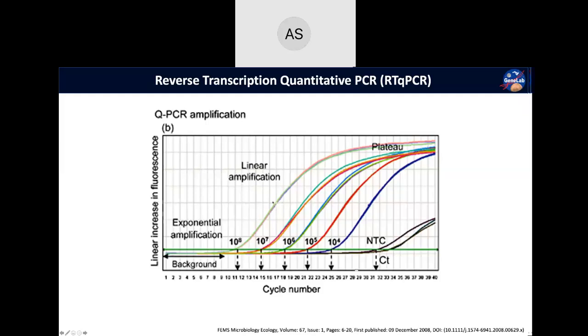And so this sample here is reaching this level of fluorescence sooner than this sample here, right? Earlier in the number of cycles, which must mean that this started with more of the material that you're amplifying than this sample did. And so you look at the change in the number of cycles to reach the level of fluorescence that you selected based on that linear amplification range.